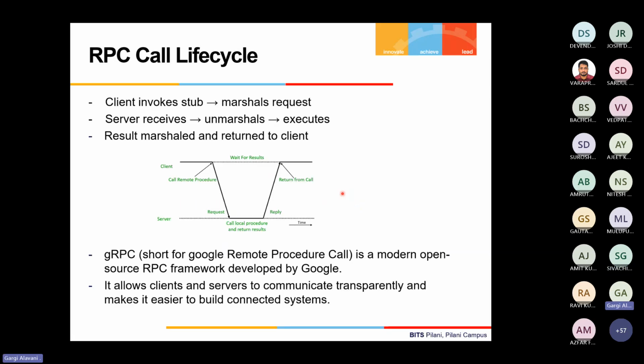Okay, so as I had mentioned in the previous slide, gRPC is Google Remote Procedure Call. It's an open source RPC framework developed by Google and is available for the users. This allows clients and servers to communicate transparently, and it's easier to build these connected systems.